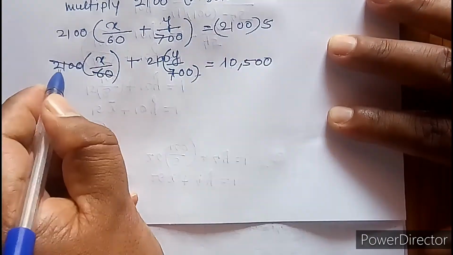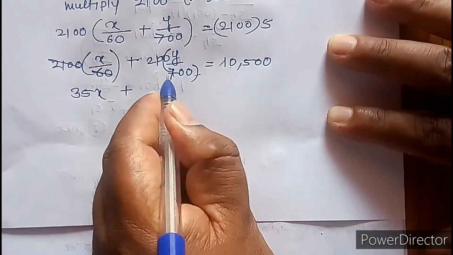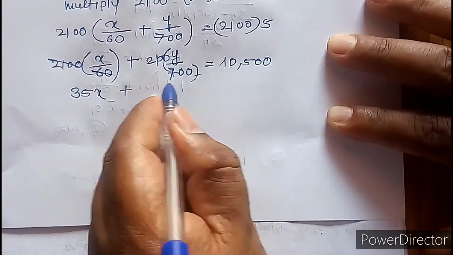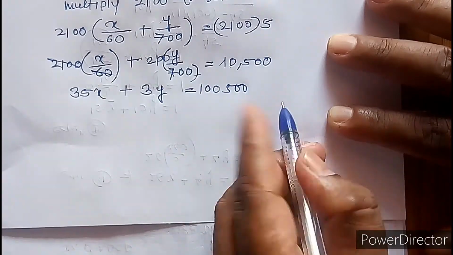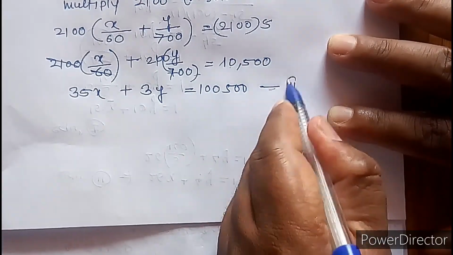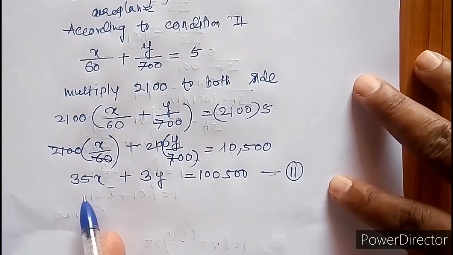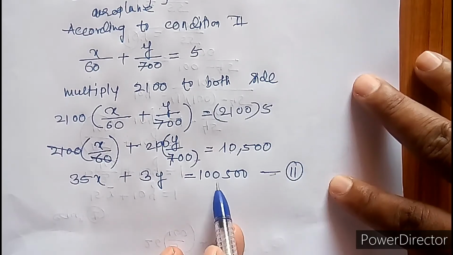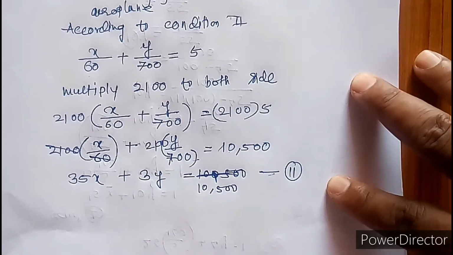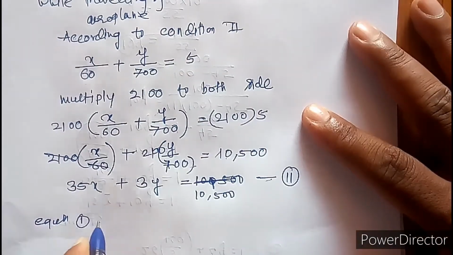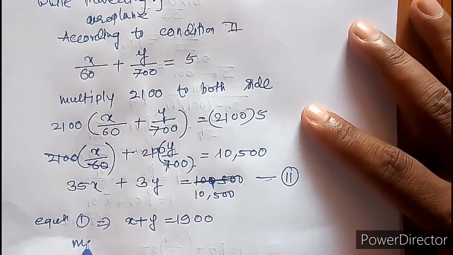It will be 2100 divided by 60, we get 35x, plus 2100 divided by 700, we get 3y, equals 10,500. This is equation number 2 we get. Now we have equation number 1, that is x plus y equals 1900, and equation number 2, that is 35x plus 3y equals 10,500.